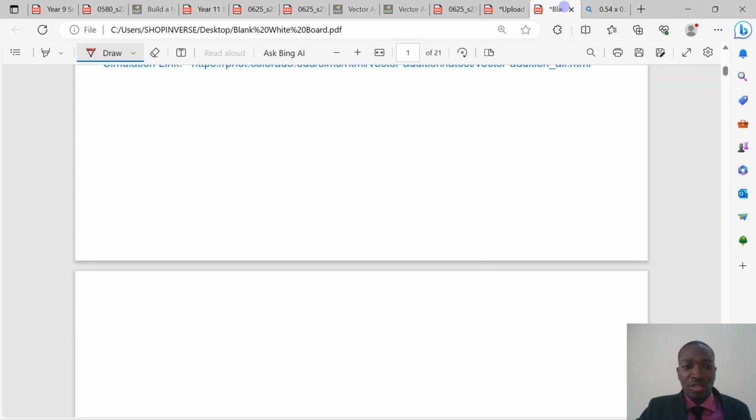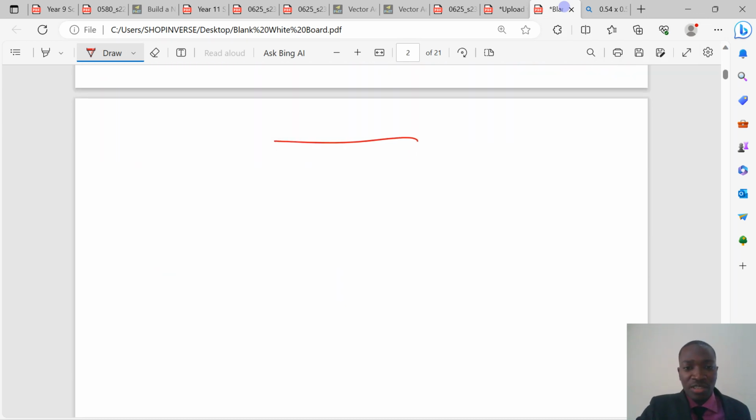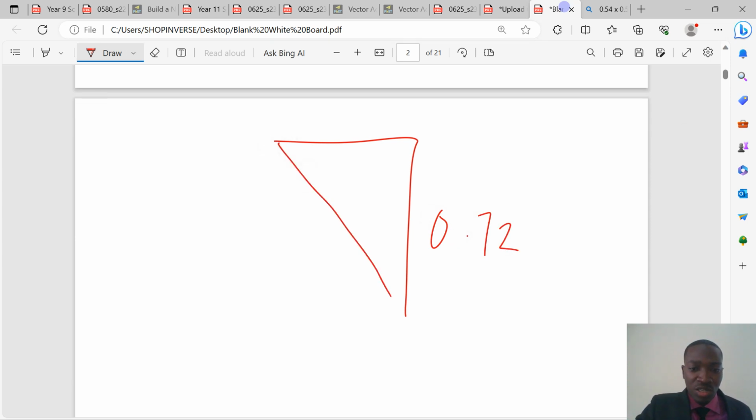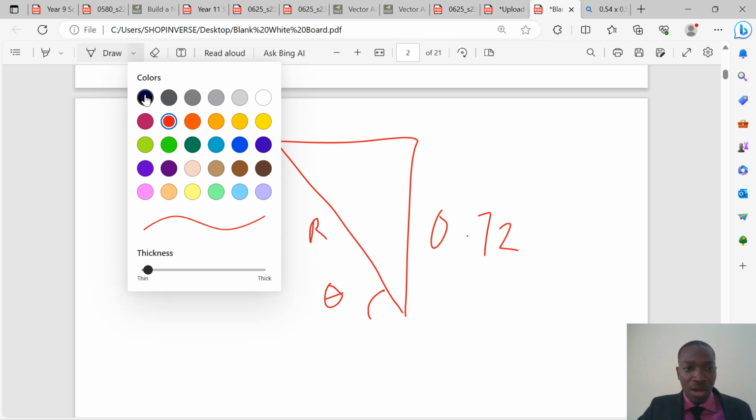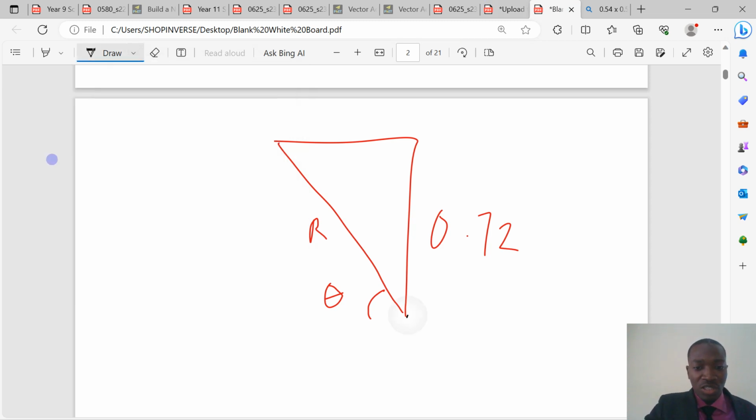This can be likened to a shape like this. This will be 0.72. This is the resultant, whose magnitude we do not have. And what else do we have? This angle theta, the angle between the resultant and the river bank. Let me represent this river bank with color black. So this is the river bank.